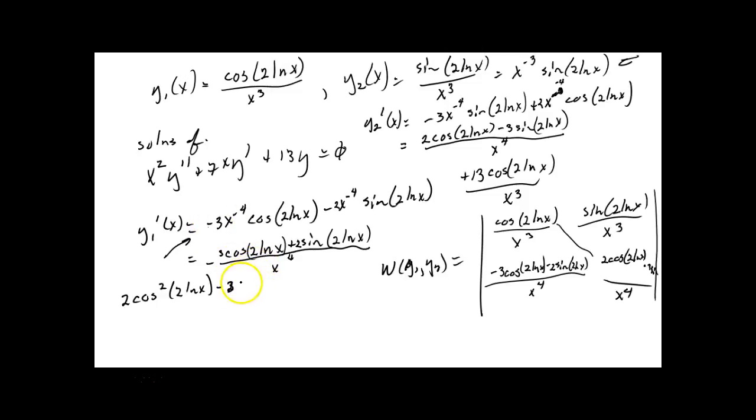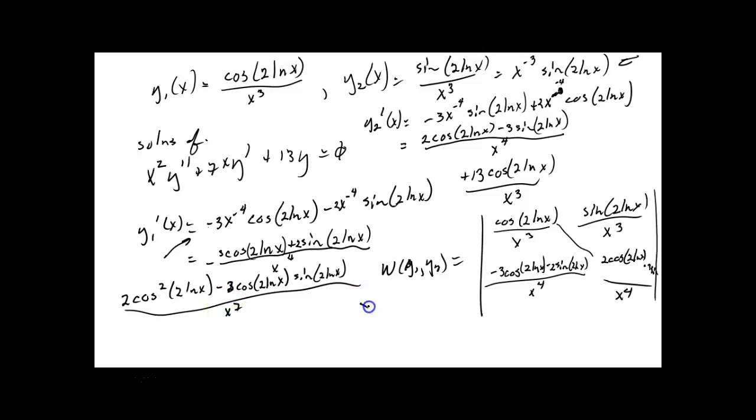Minus 3 cosine 2 log x sine 2 log x. Okay? And all those are over x to the 7th.